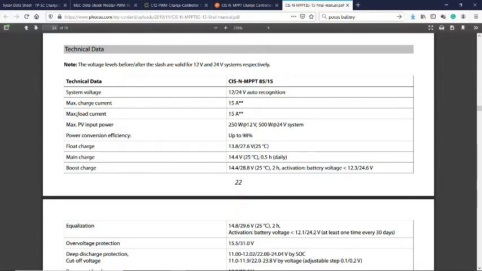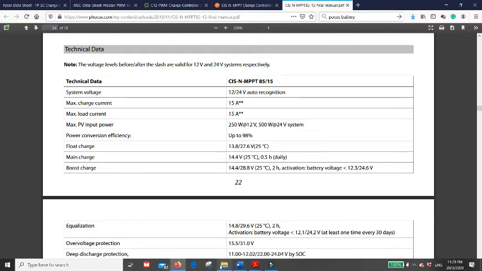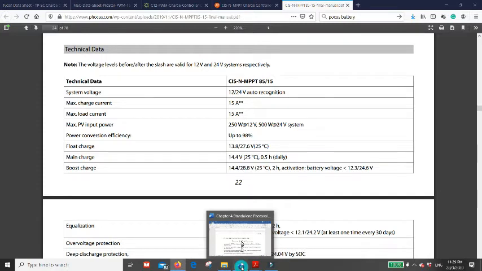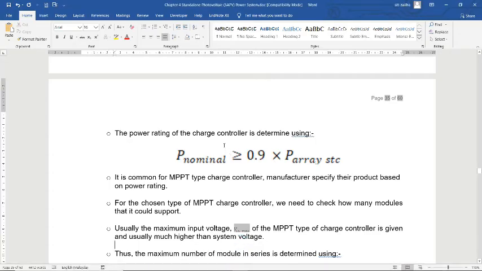So this is the P rating, okay, power rating. So maximum PV input power is 250 watt at 12 volt, or if the system is 24 volt, it can go to 500 watt. So this power rating you can calculate, okay, from the 0.9 multiplied with P array STC.